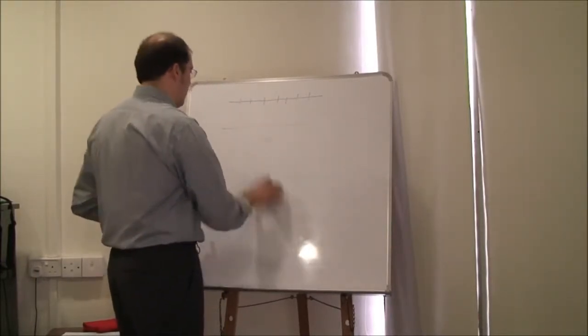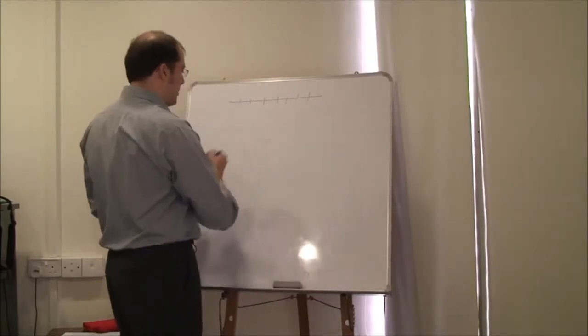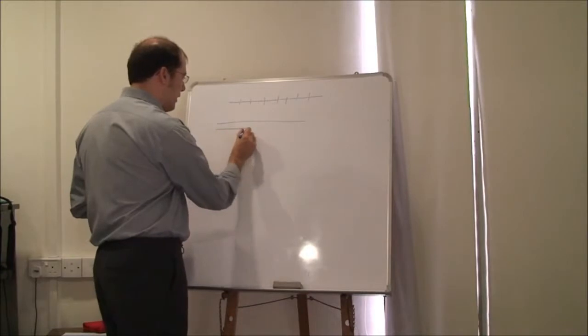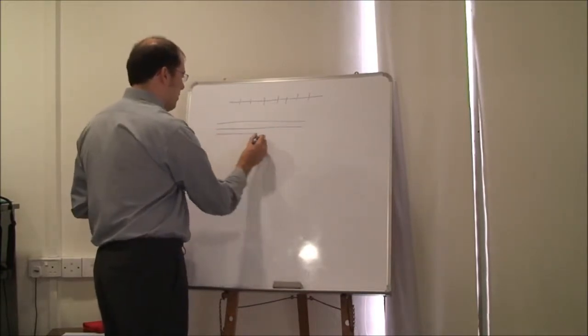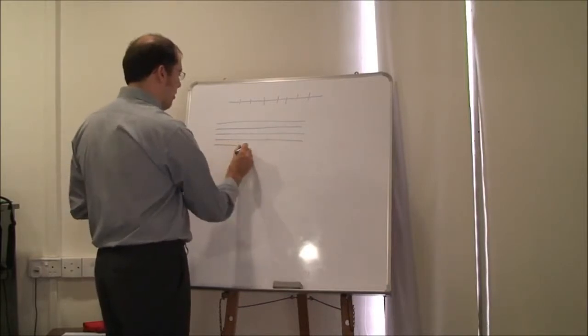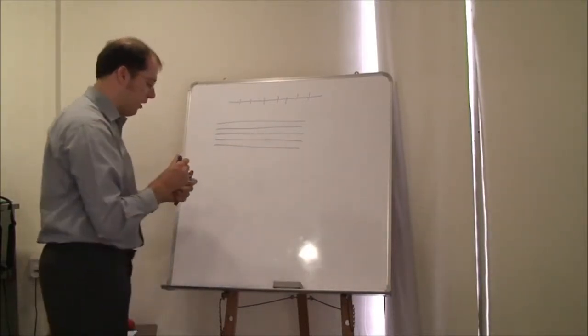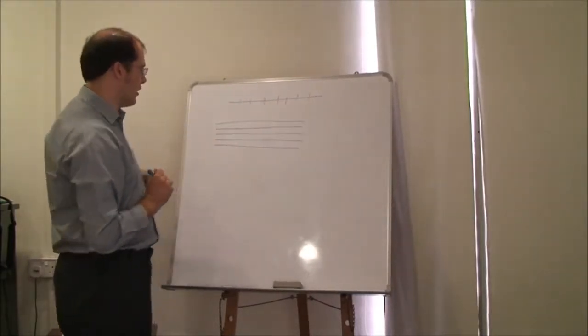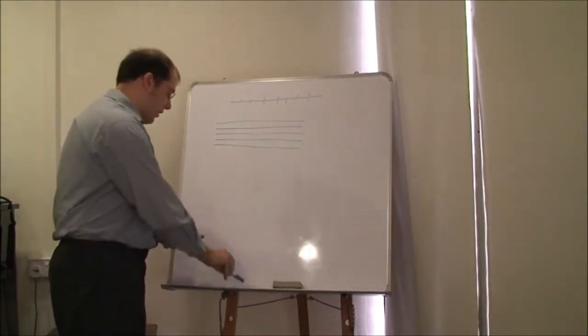Exactly the same as that line, except that there's now a whole bunch of lines stacked on top of each other. Now, we're not going to worry about what that means for now, but just take it as the same meaning as a single line like that.